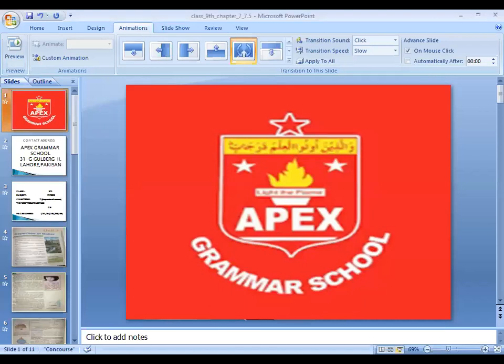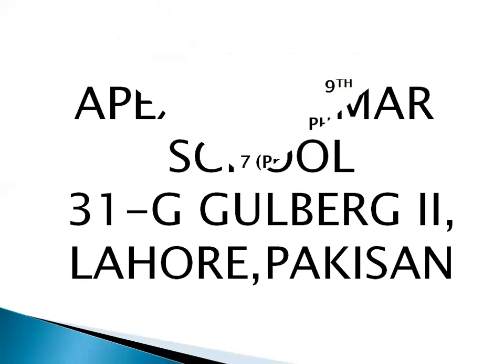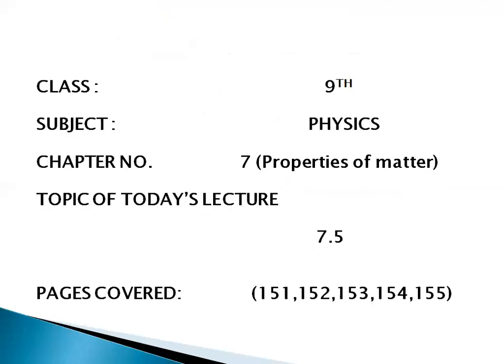Today, what we are going to do, I will explain now. Class 9, subject physics. The chapter we are doing is chapter 7, Properties of Matter, of the 9th class.